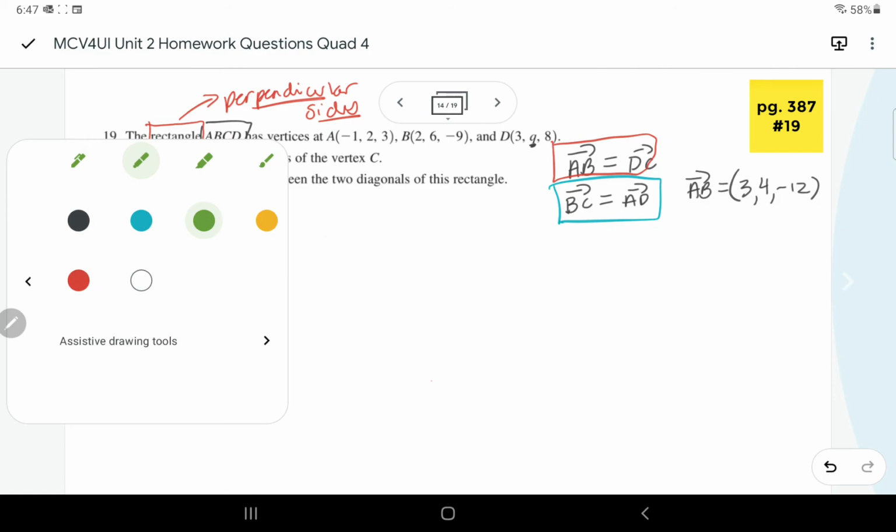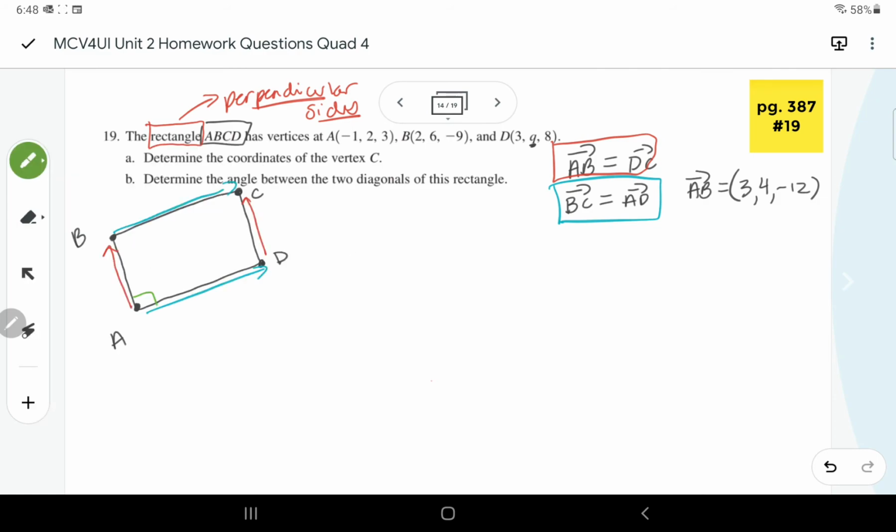Because it's a rectangle, we don't just know AB and DC are equal and BC and AD are equal. We also know that we have that 90-degree angle in there. So I'm going to say that AB is perpendicular to AD because I've got that 90-degree angle, and that then AB dot AD equals 0.